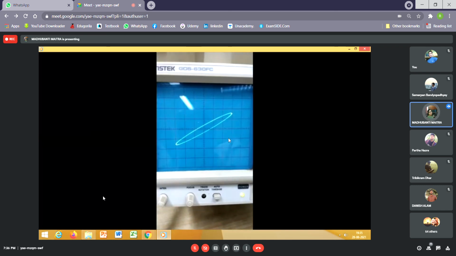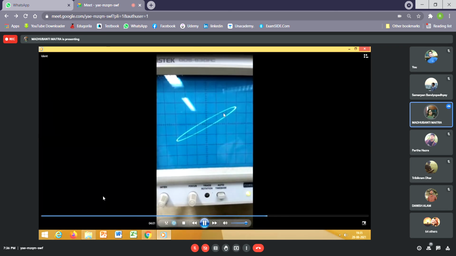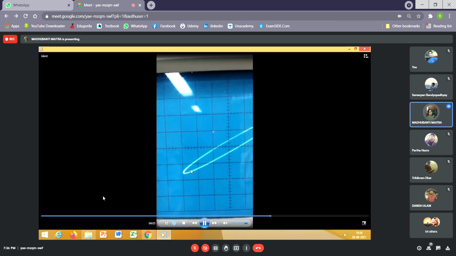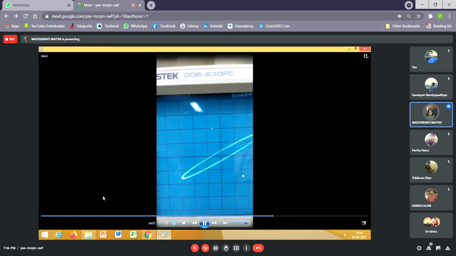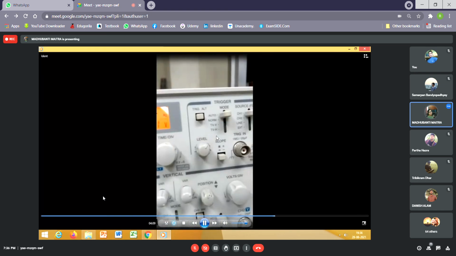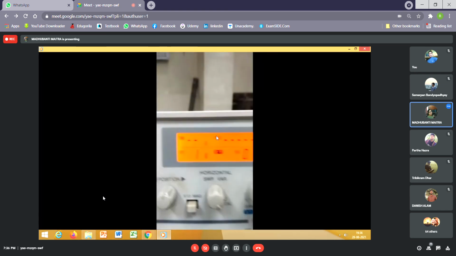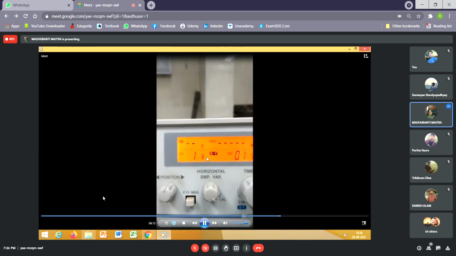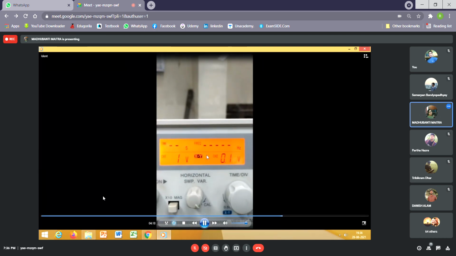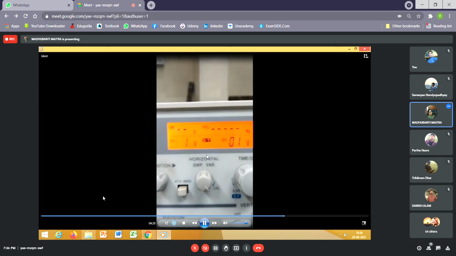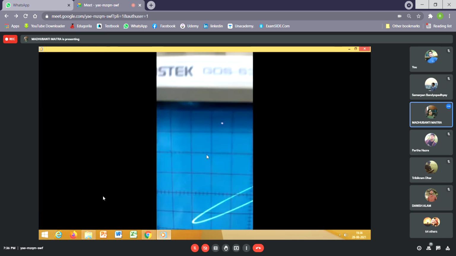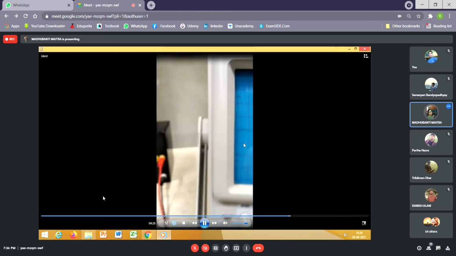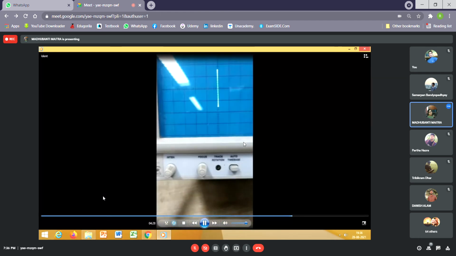Now we are changing the frequency and we are getting such an ellipse, a Lissajous figure. This is the y-intercept. The horizontal projection will give us the x-intercept, and the vertical projection will give us 2b.